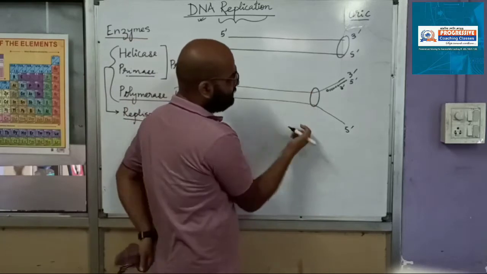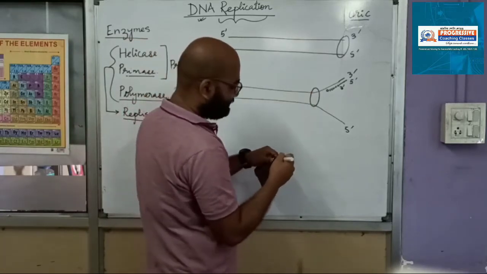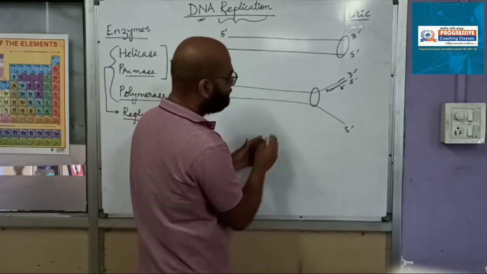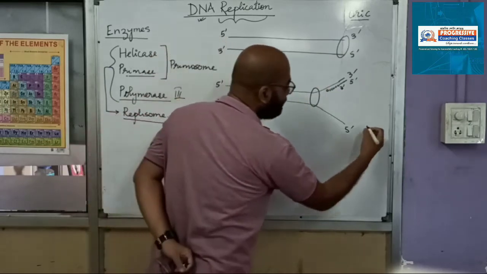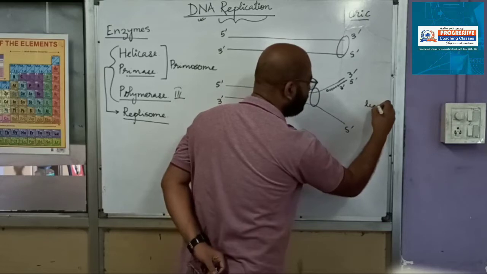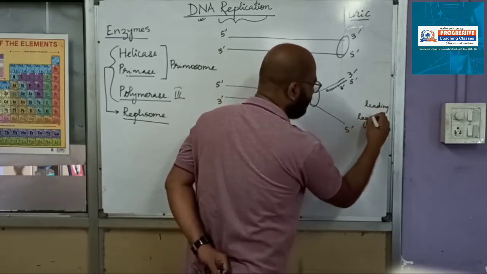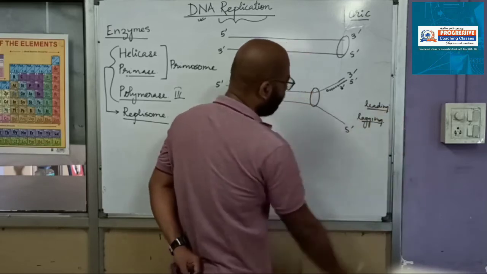At this point, this is like a fork. When this opens up, this is like a fork. We have two parent strands. One we are going to call the leading strand, and the other one is known as the lagging strand. So what's the difference?